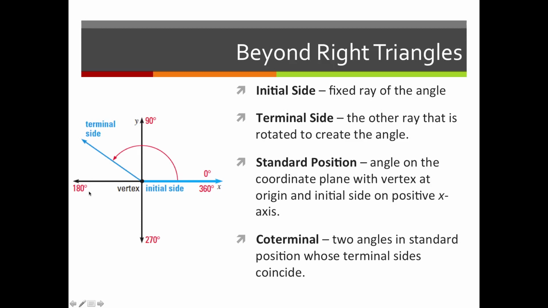So maybe that's a, let's see, that would be like a 225-degree angle in this direction. Those would be two angles that would both end here with this ray. So their terminal sides would coincide, and therefore they would be called coterminal angles. That's a phrase we're going to be using in class during our lesson, so keep that in mind.